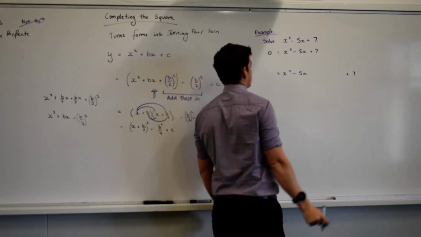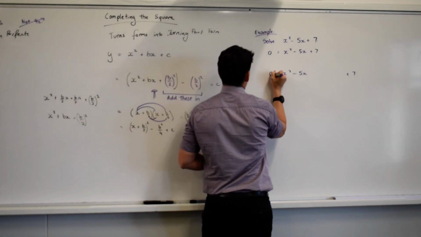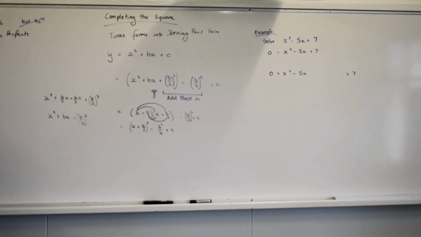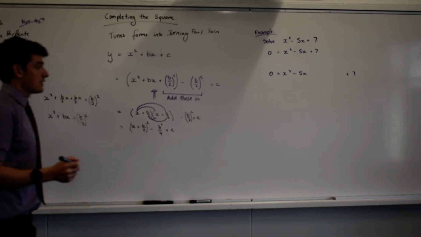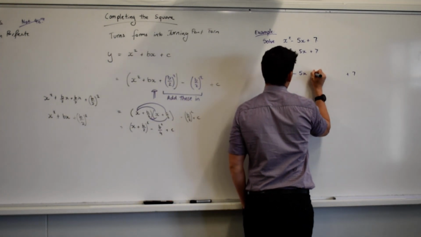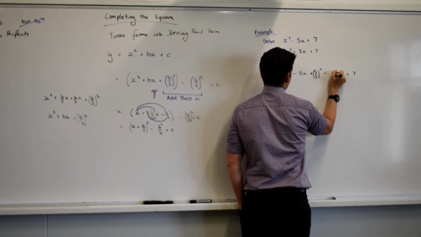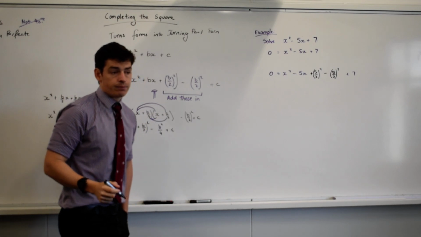I want you to add in what I need to put in there. Now hopefully you put in plus 5 on 2 squared minus 5 on 2 squared.